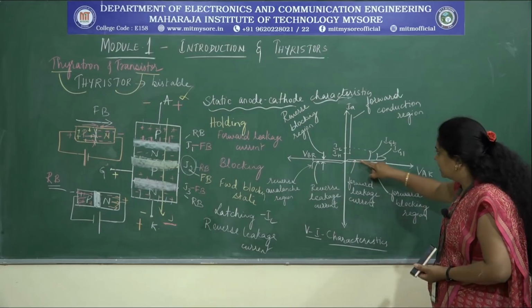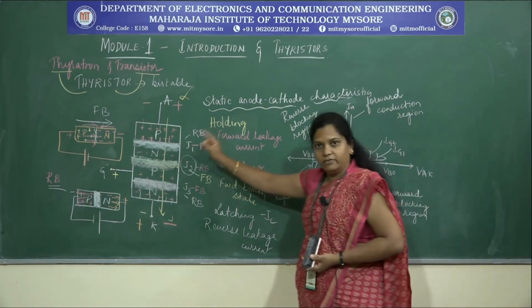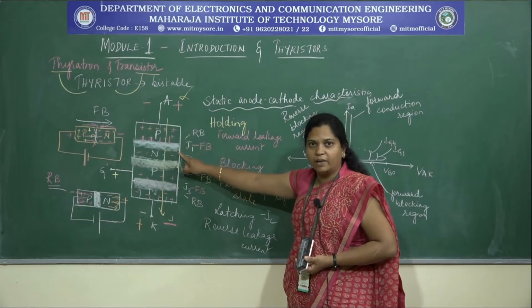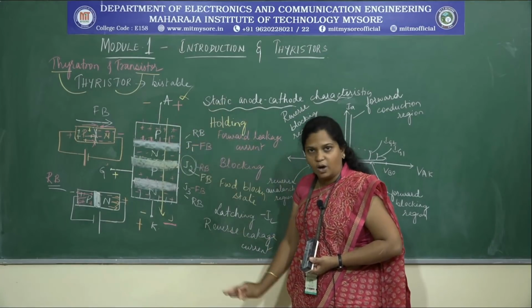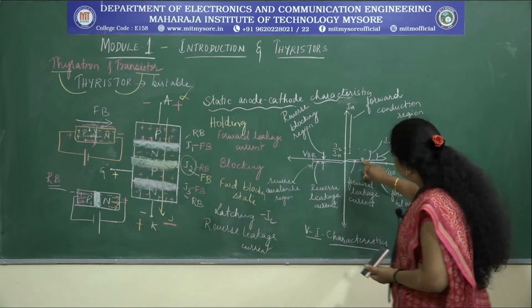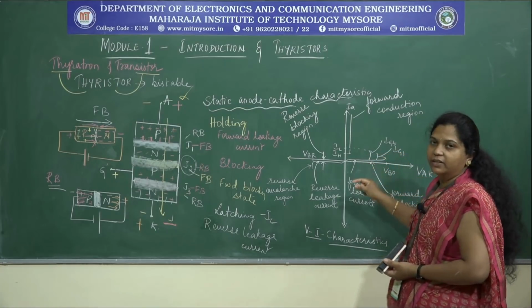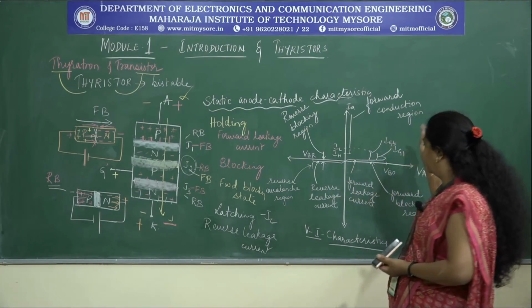That current is the leakage current. But even though the leakage current is available, the thyristor is still in its off state. There is no current flowing from anode to cathode. So we say that this portion of the graph is nothing but the forward blocking mode.